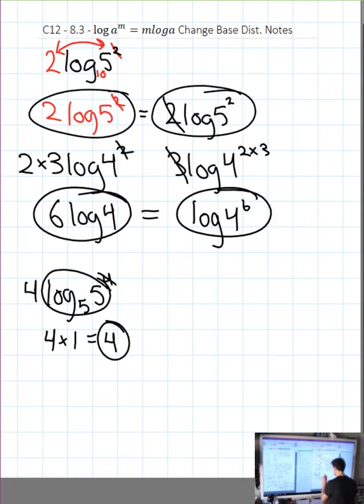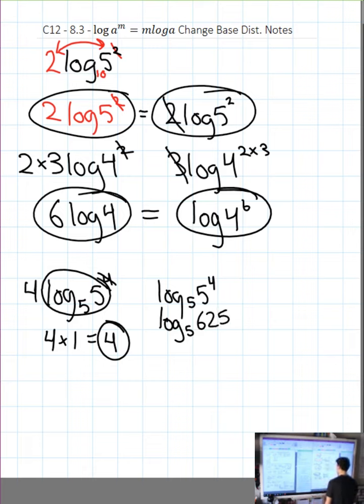Let's see that differently. The same question. Log base 5, 5 to the 4. Well, what is 5 to the 4? Well, 5 squared is 25, times 5 is 125, times 5 is 625. So we have log base 5 of 625.